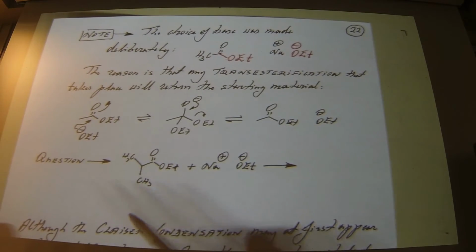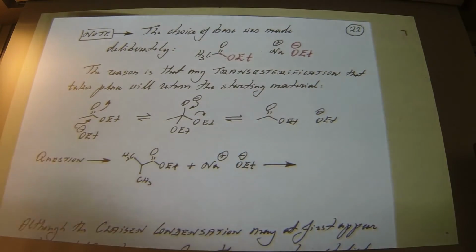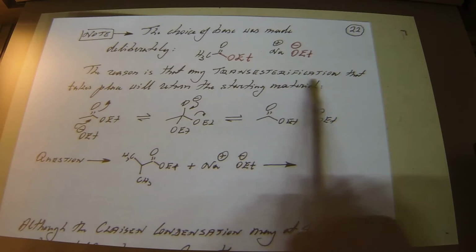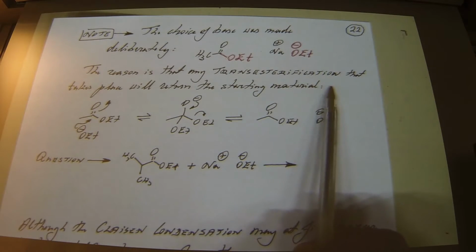Now, the other thing that you want to notice is that I chose the base very deliberately. I started out with ethyl acetate, and so I used sodium ethoxide. If I'd started out with methyl acetate, I would have chosen sodium methoxide. Why is that? Well, because you'll get transesterification reactions for sure.